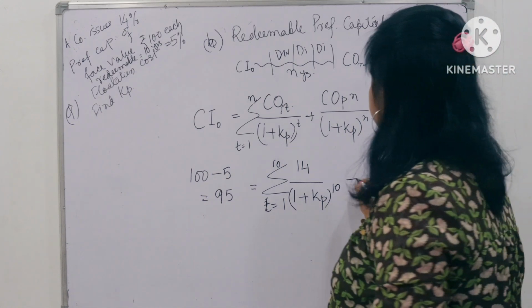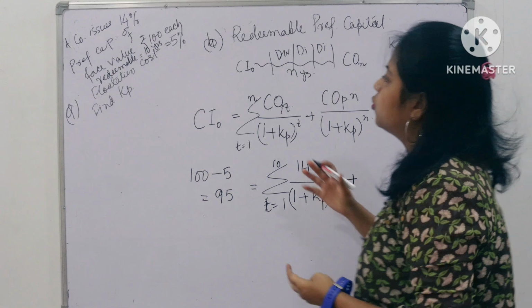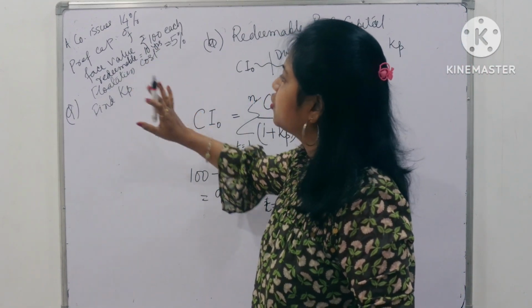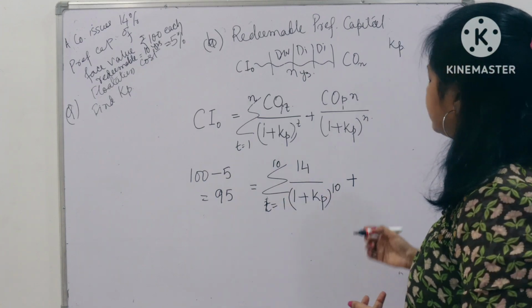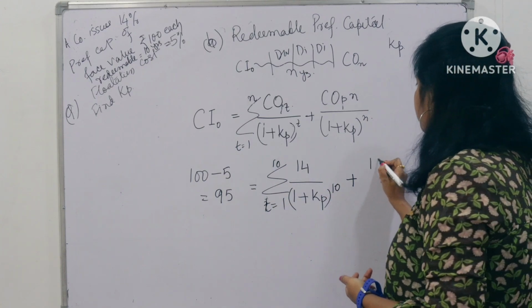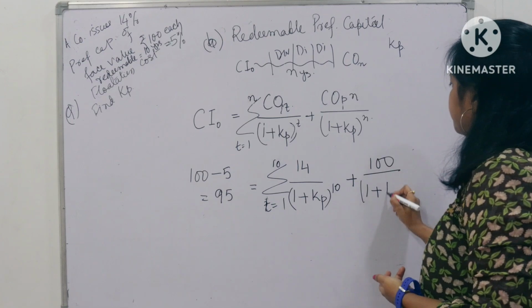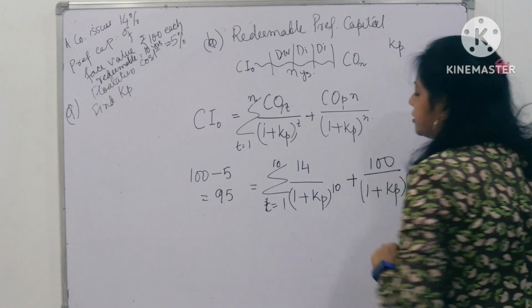Plus, at the end what we are giving is the face value. What was the face value? 100 rupees, redeemable after 10 years. It is not written whether it is redeemable at a premium or a discount, so let's assume that it is redeemable at face value. So it will be 100 rupees divided by 1 plus Kp to the power 10, because in the 10th year we are going to repay it.